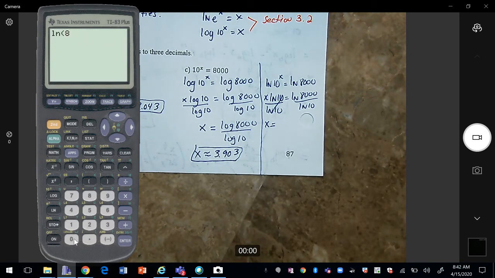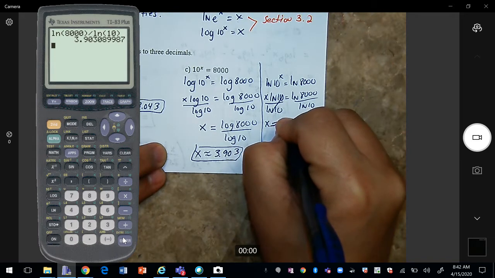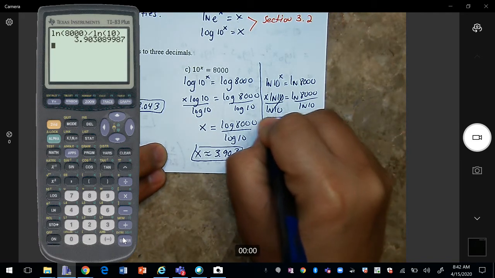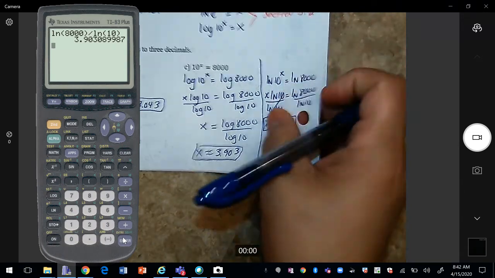Put it in the calculator. And so we get the same answer. So you can use natural log or logarithm, whichever log you prefer. Let's go to the next page.